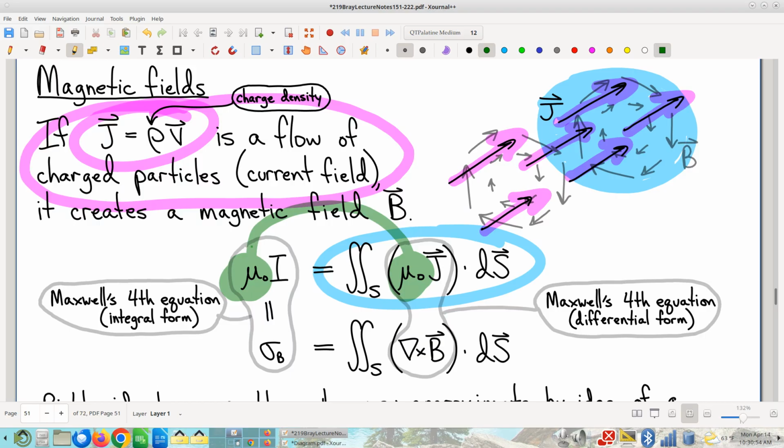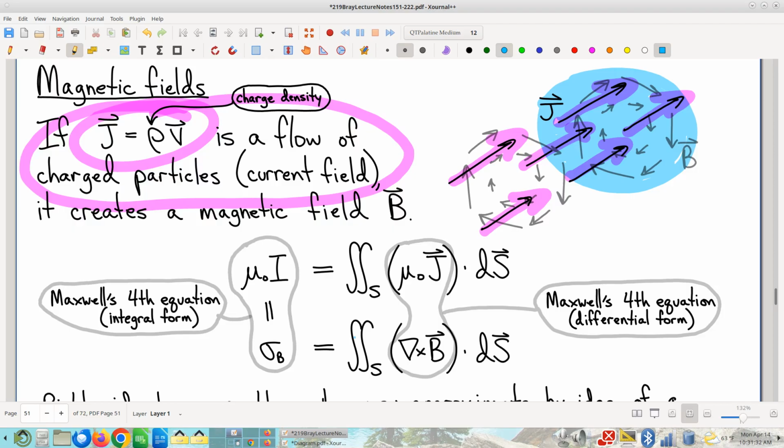Well, it's literally the number of charged particles per unit time going through your surface. And you may recall, if you've had a physics E&M class before, that charged particles per unit time going through something is what we call current. That's what current is. Okay. Again, this little mu naught constant, don't worry about it, it doesn't matter yet.